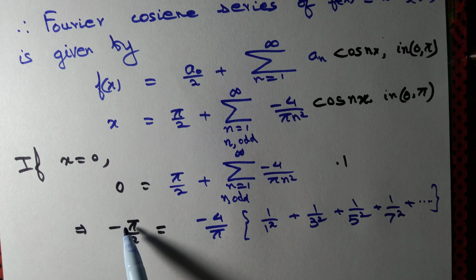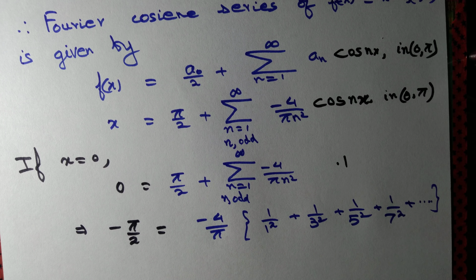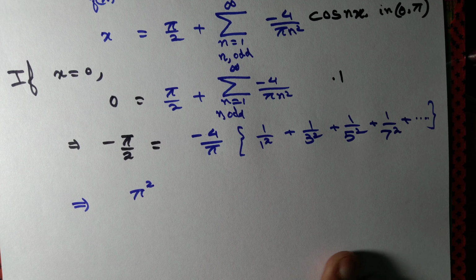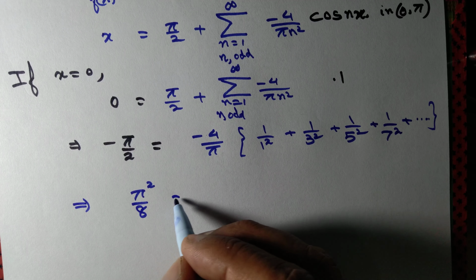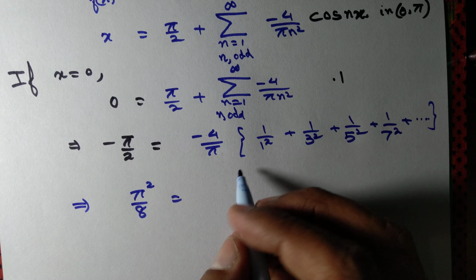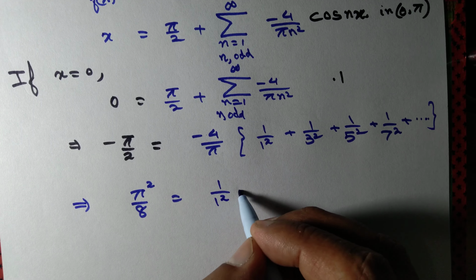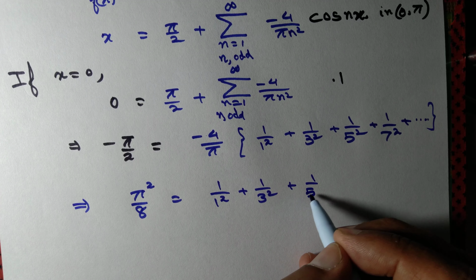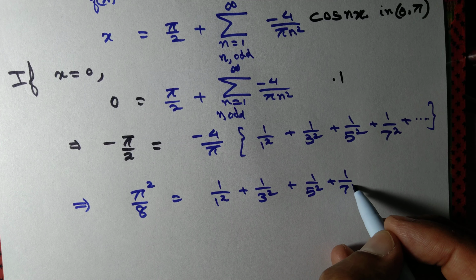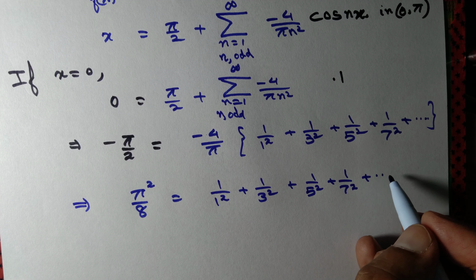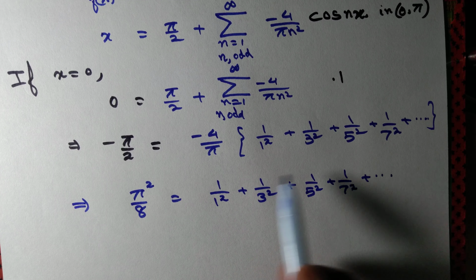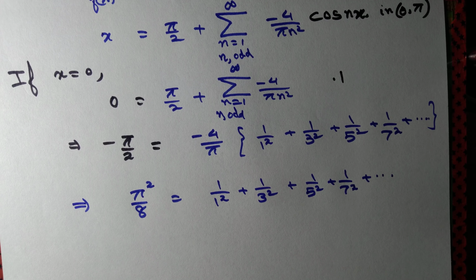We can take pi to this side, pi square by 8. So pi square by 8 equal to, minus got cancelled, 1 by 1 square plus 1 by 3 square plus 1 by 5 square plus 1 by 7 square plus dot dot dot. And so we got this infinite sum to be just equal to pi square by 8.